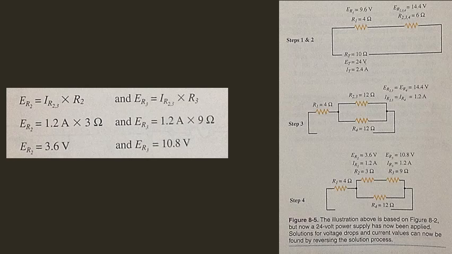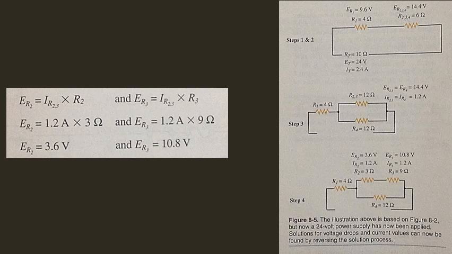Using the current of 1.2 amperes and Ohm's law, the voltage drop at R2 equals the current at R2 times the resistance of R2. The voltage drop at R2 equals 1.2 amps times 3 ohms, which equals 3.6 volts.